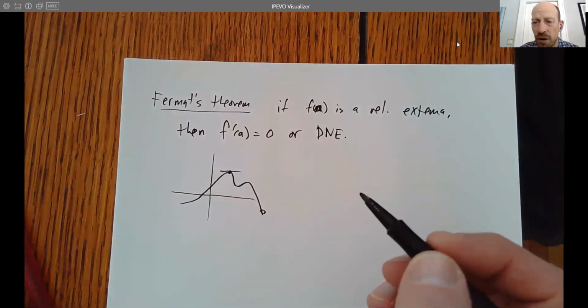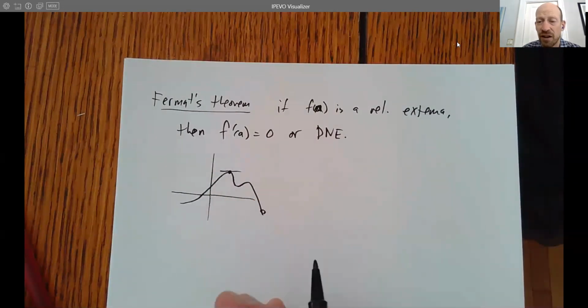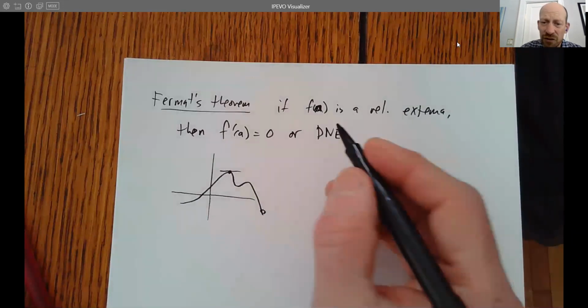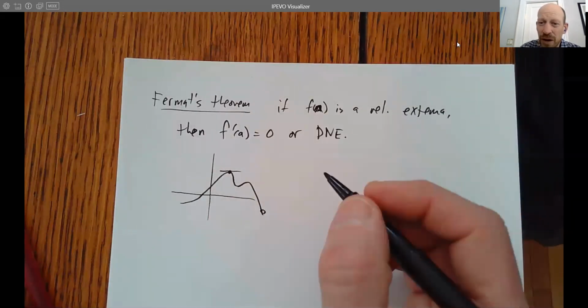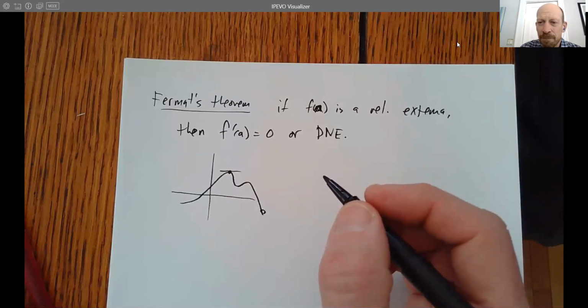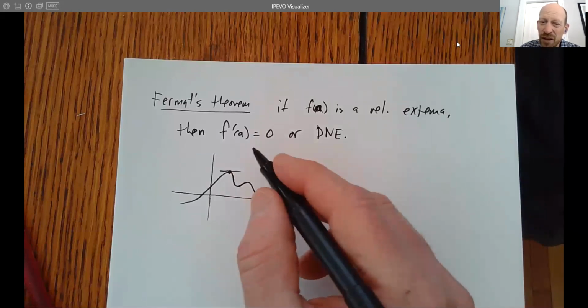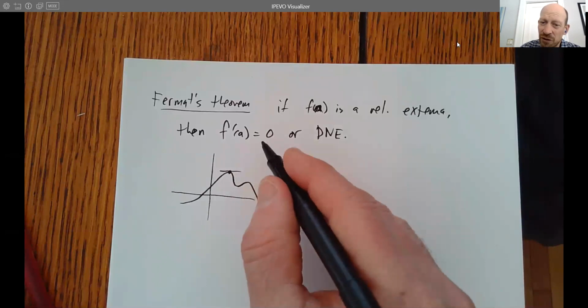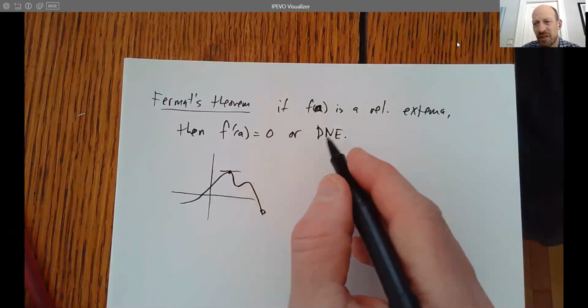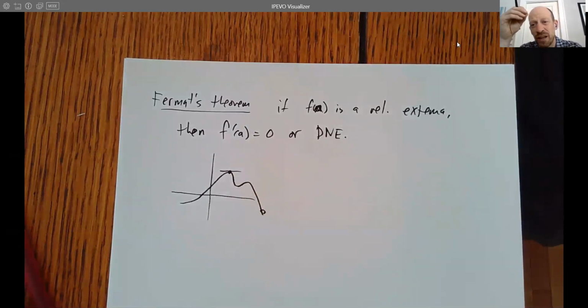The slope of the tangent line there is 0, and that is giving us a relative maximum. It's not totally clear that maybe there's some other way of doing that. But it turns out any way you do it, the derivative is either going to be 0 or it might not exist. So if you have a discontinuity there, then it certainly could be a relative extrema, but then the derivative wouldn't exist either.